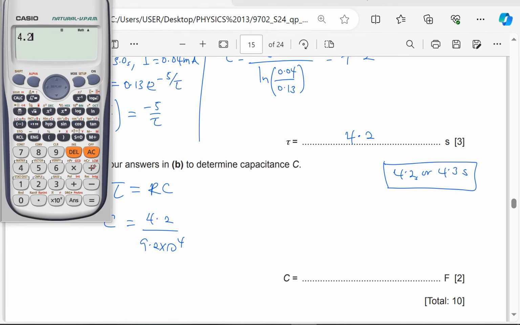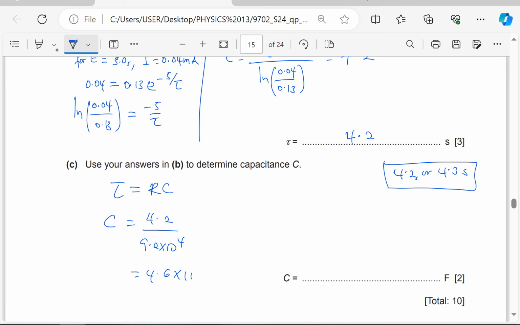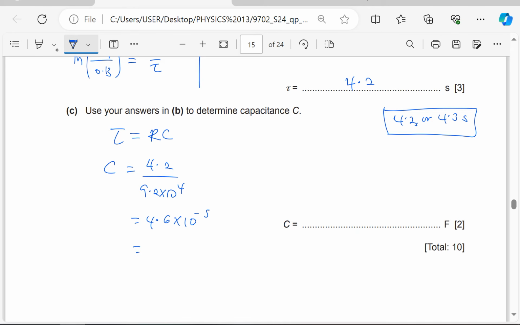So 4.2 divided by 9.2 times 10 to the power 4 is giving me 4.6 times 10 to the power of negative 5. Or you could write this as 46 times 10 to the power of minus 6, which is 46 microfarads. So I'll just write here 4.6 times 10 to the power of minus 5, or you can write 46 microfarads.